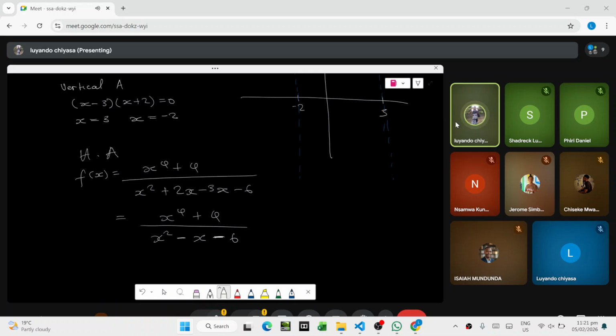So if the powers were equal, we would have had an asymptote of y is equal to 1. Now the powers are not equal. When the power on the x of the denominator is higher than the power that is here, our asymptote would have been y is equal to 0, right?